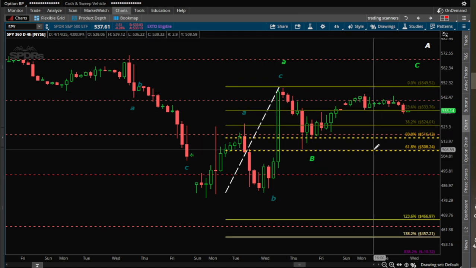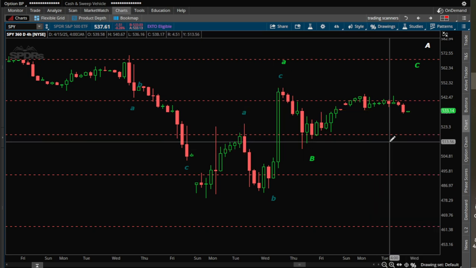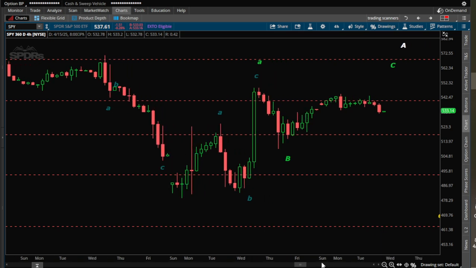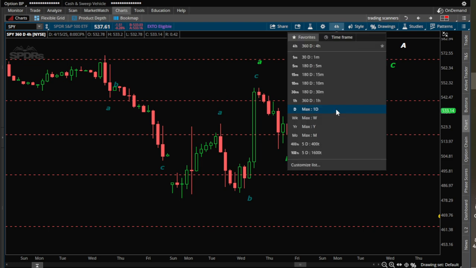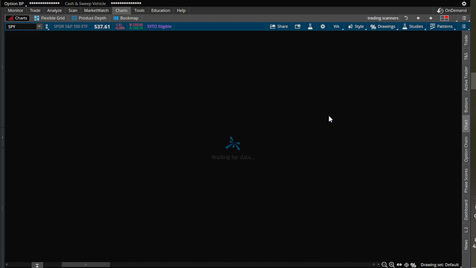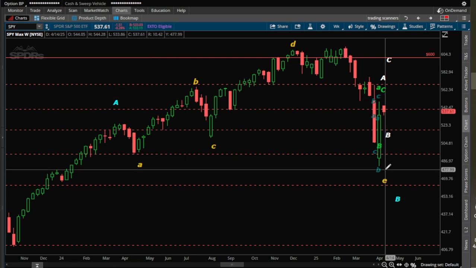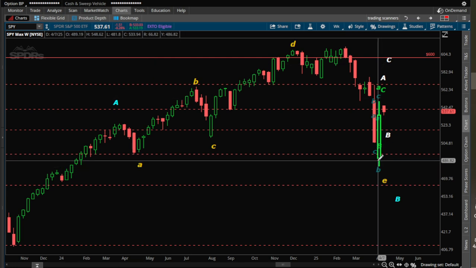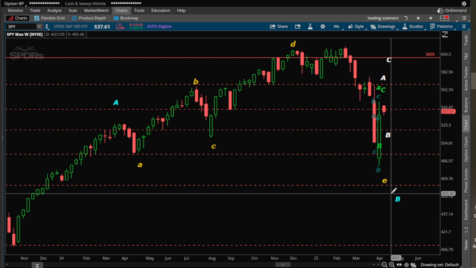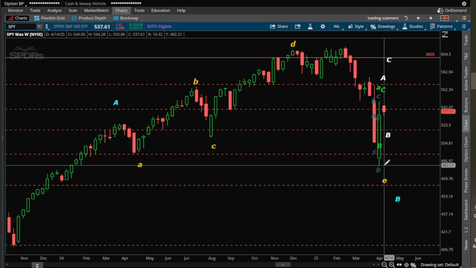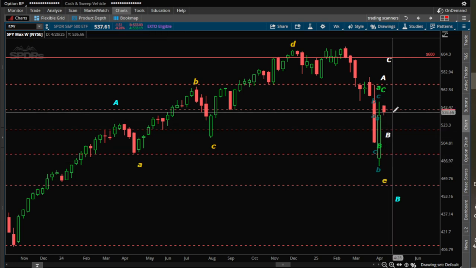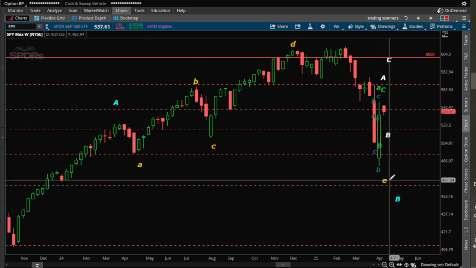Okay, so let me just think if I'm missing anything here. So yeah, I think we're going to go higher short term, and I'm going to try to keep a close eye on it, because let me back out to the weekly time frame here. It's tough to call.